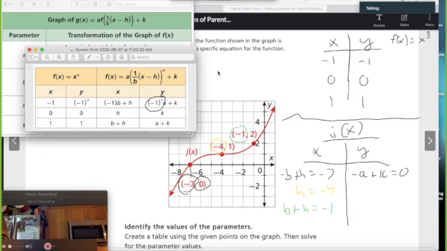So that's where that came from. And then our, let's see here, let's keep our colors going, right? So our k is equal to our 1, and then a, oops.